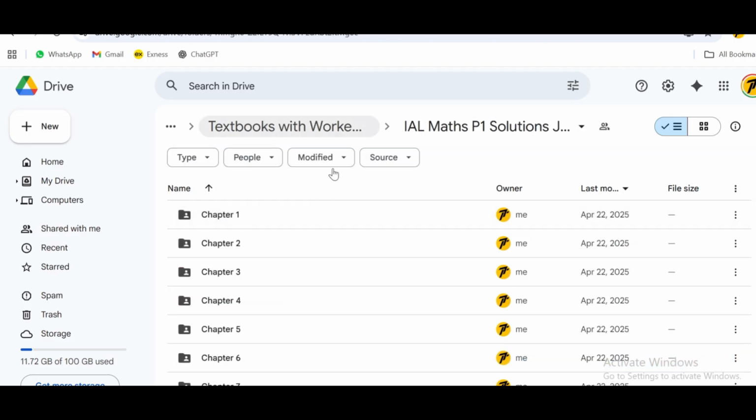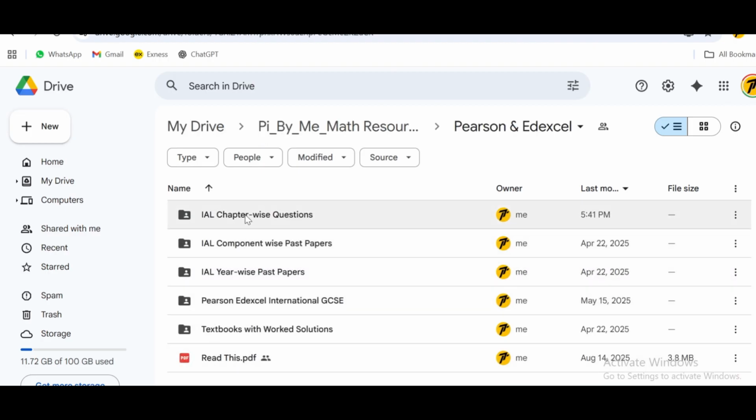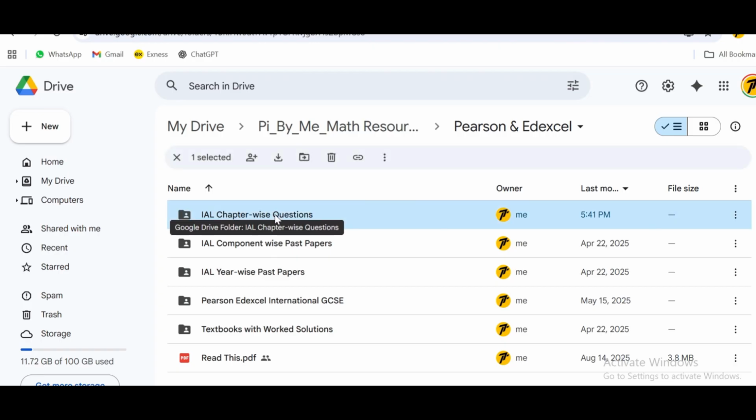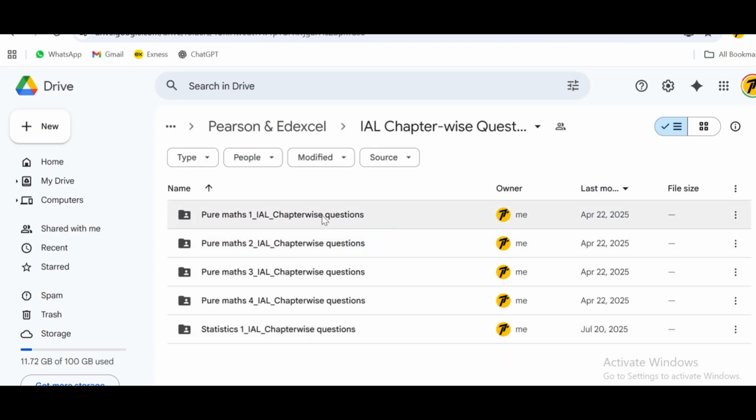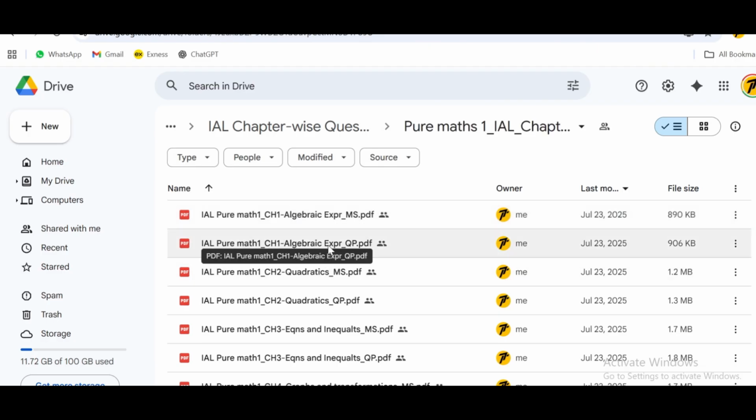And not only the textbook, you have all the past paper questions here. The main one is chapter-wise questions. If you click that and go to Pure Math 1, you will see chapter-wise questions.